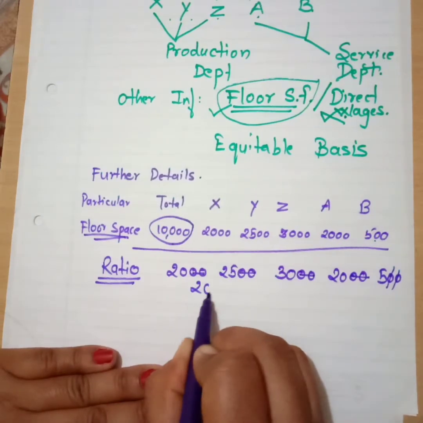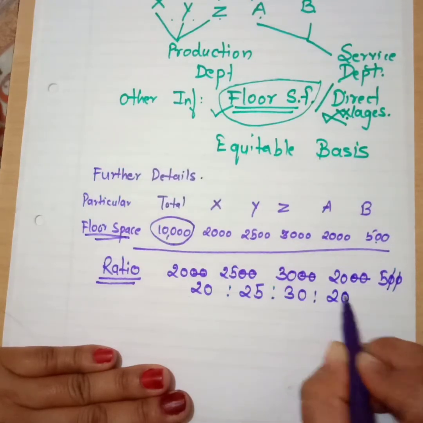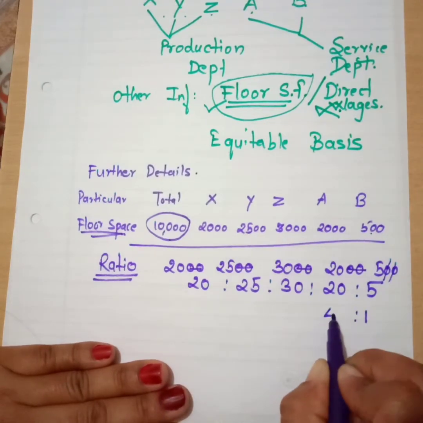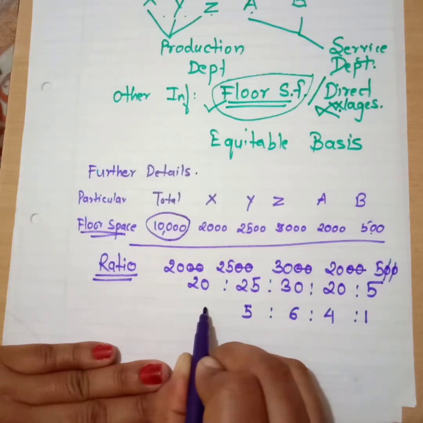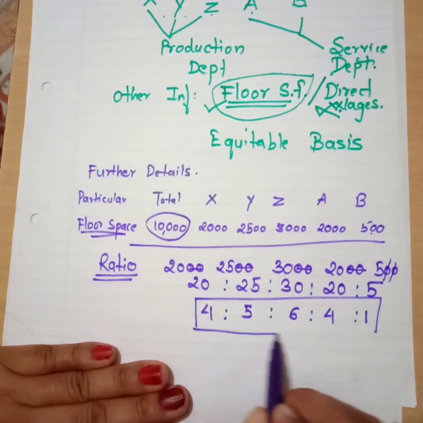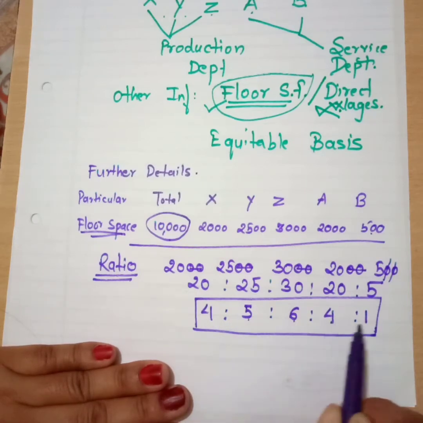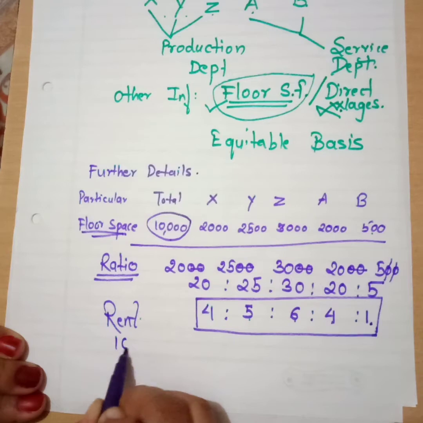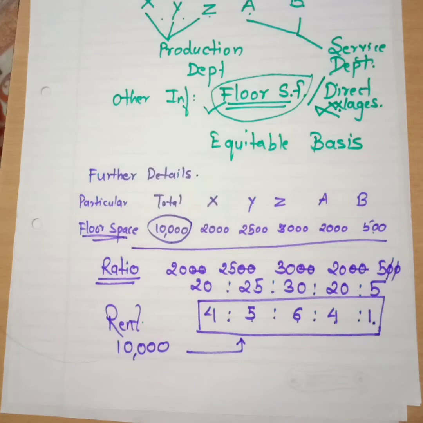What is left is 20, 25, 30, 20 and 5. Now 5 fives are 5, 5 fours are 20, 5 sixes are 30, 5 fives are 25 and 5 fours are 20. Now this is your ratio: 4:5:6:4:1. Now you have to distribute the rent of 10,000 on this basis.